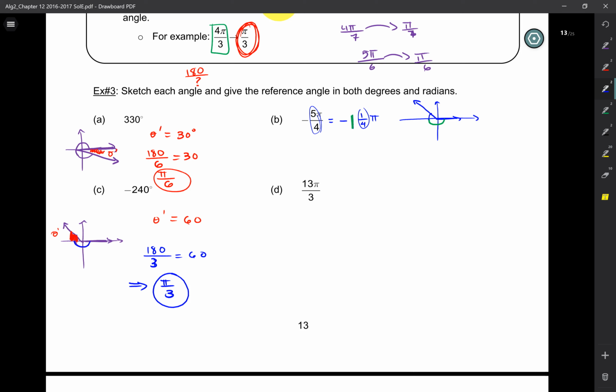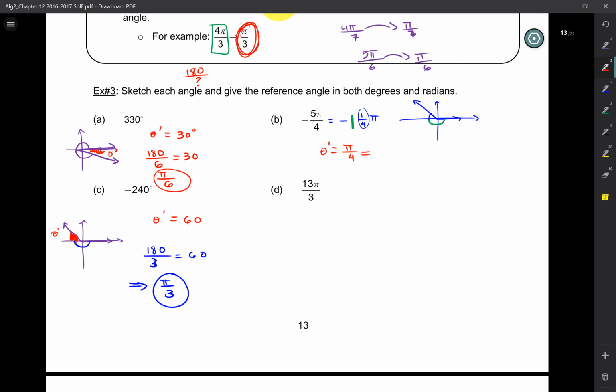Now, we could have found the reference angle without even drawing it. If it's negative 5 pi over 4, what's the reference angle? It's pi over 4. That's all. And how do I convert that to degrees? Pi is 180.